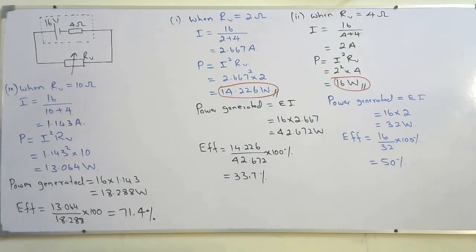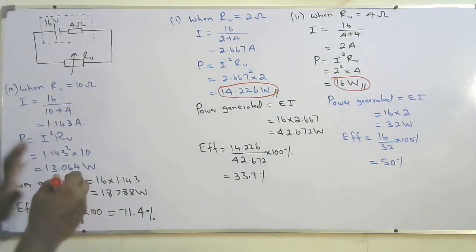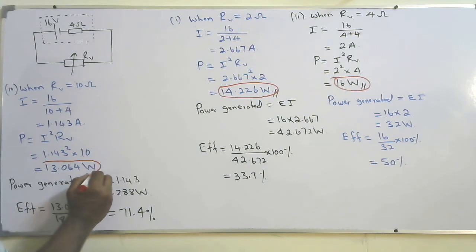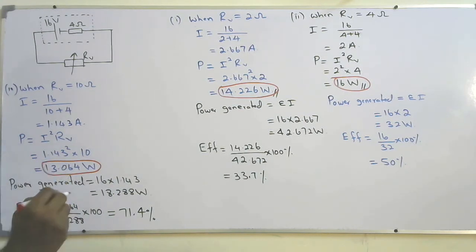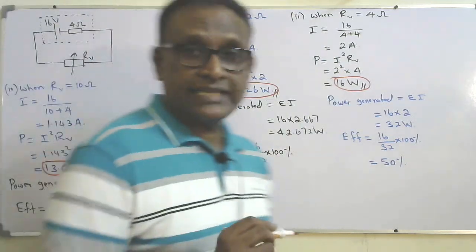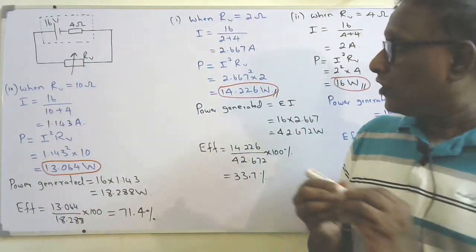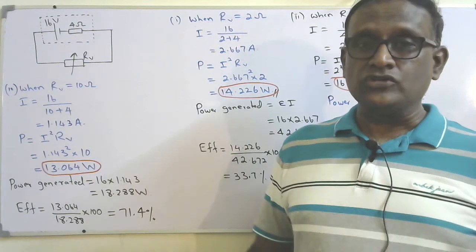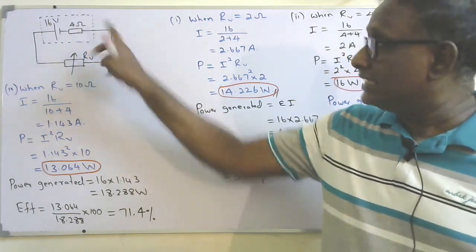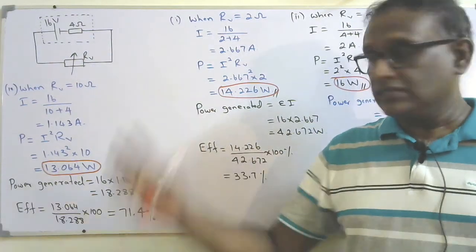Now you can see the power transfer to the external circuit: 13.064 here, here 14.226, here 16. If you want, you can try different values, more than 4 ohms or less than 4 ohms for RV.